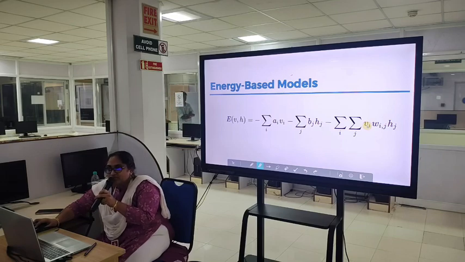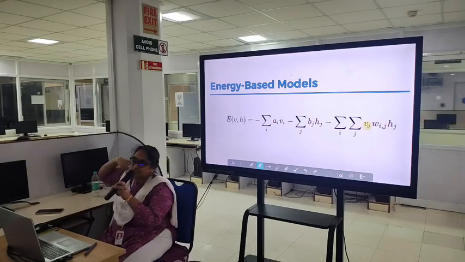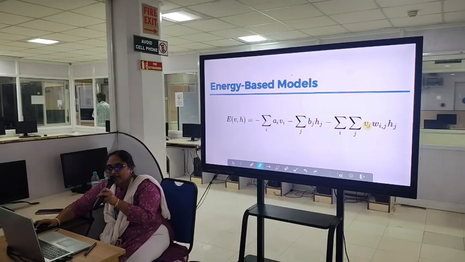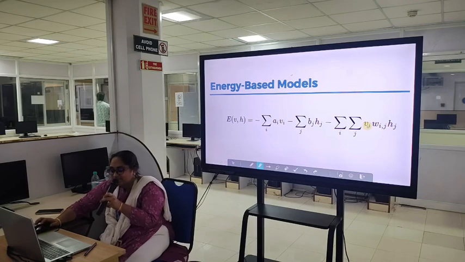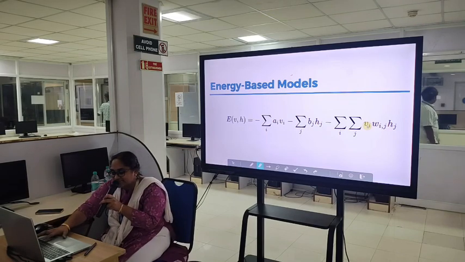Here in the last one you are doing a product of the input layer, the weight between the input layer and the hidden layer, and the hidden layer. w_ij is the weight between the input i and the hidden j. This is the main mathematical formula behind the energy-based models. This is how you calculate the energy. Once you have the energy, you can find out the probability of occurrence in a particular state.